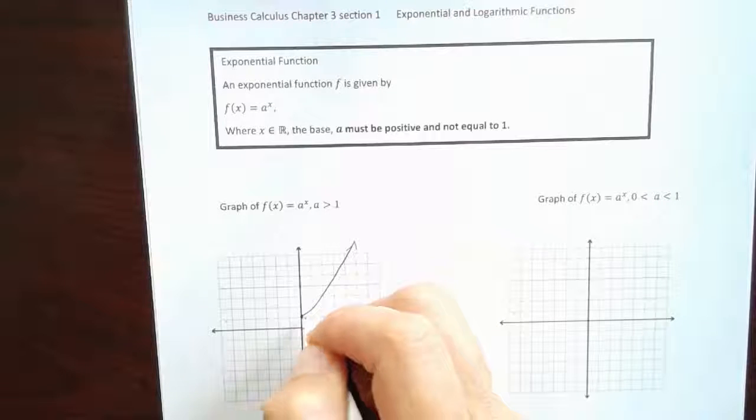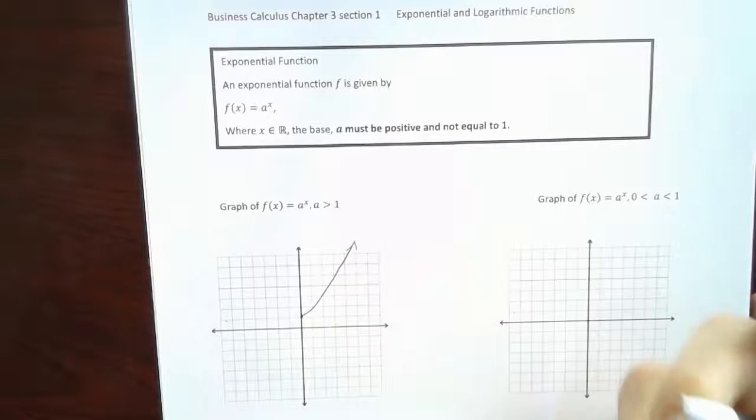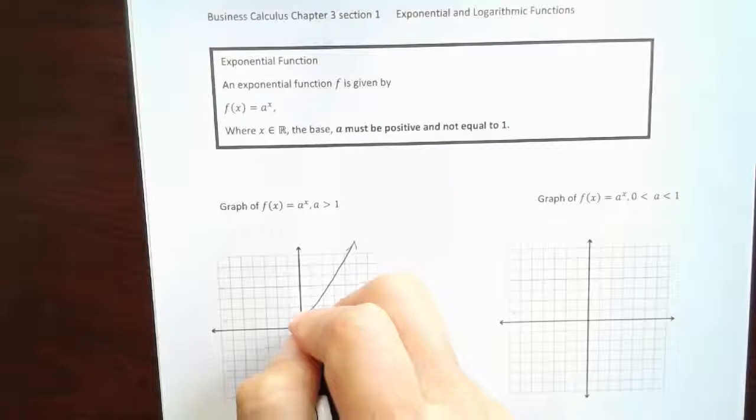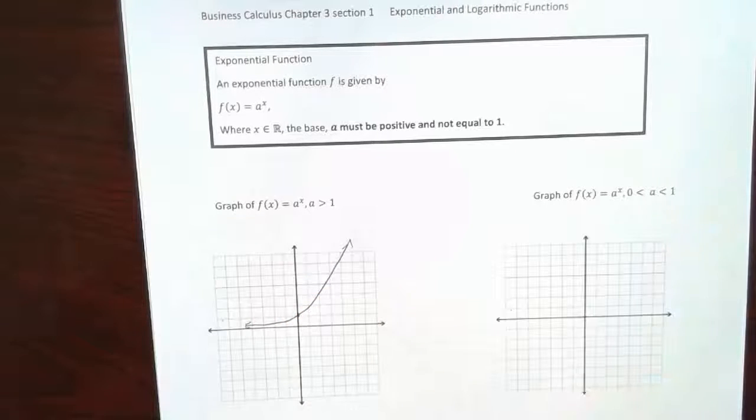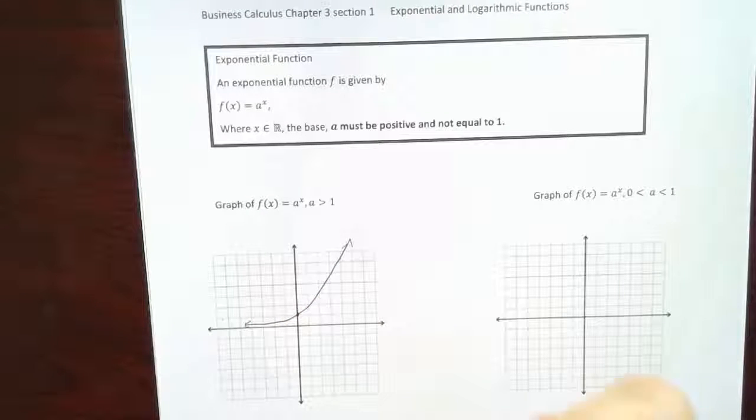And as you move to the left with those negative exponents, they're going to send your base and the exponent into the denominator. So it's actually going to get closer and closer to 0 here on the left-hand side. Now, the domain on this is going to be the set of all real numbers. The range on this is going to be from 0 to positive infinity.